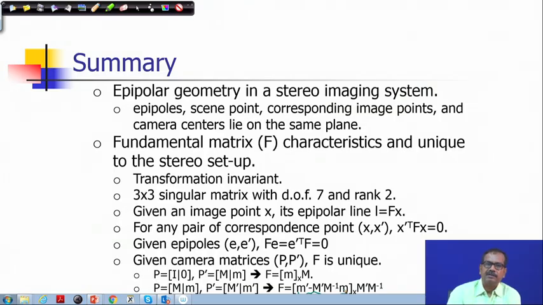That means you have to take the image of the center of the first camera, which is given in this form, and then the homography at infinity is given by M prime M inverse. That is how we get this fundamental matrix.